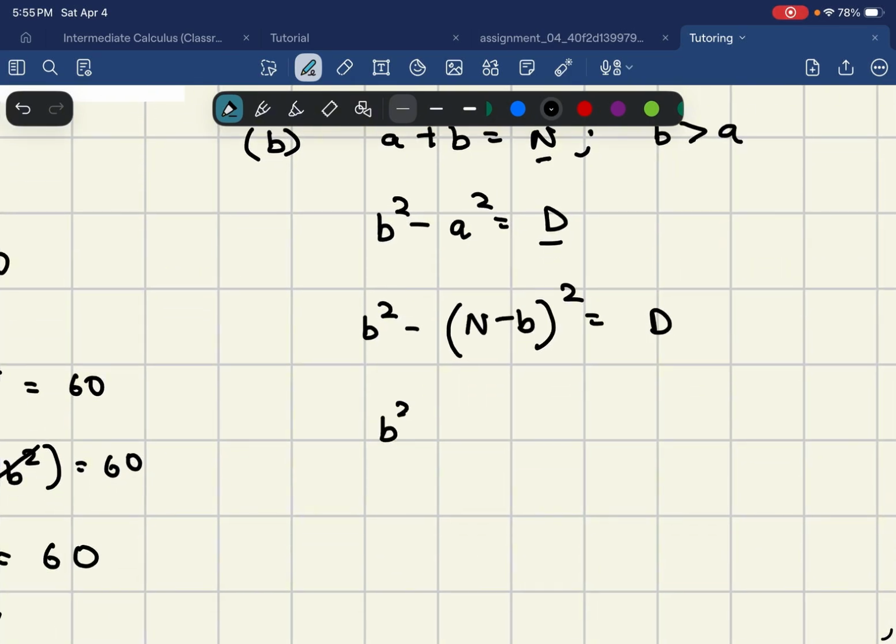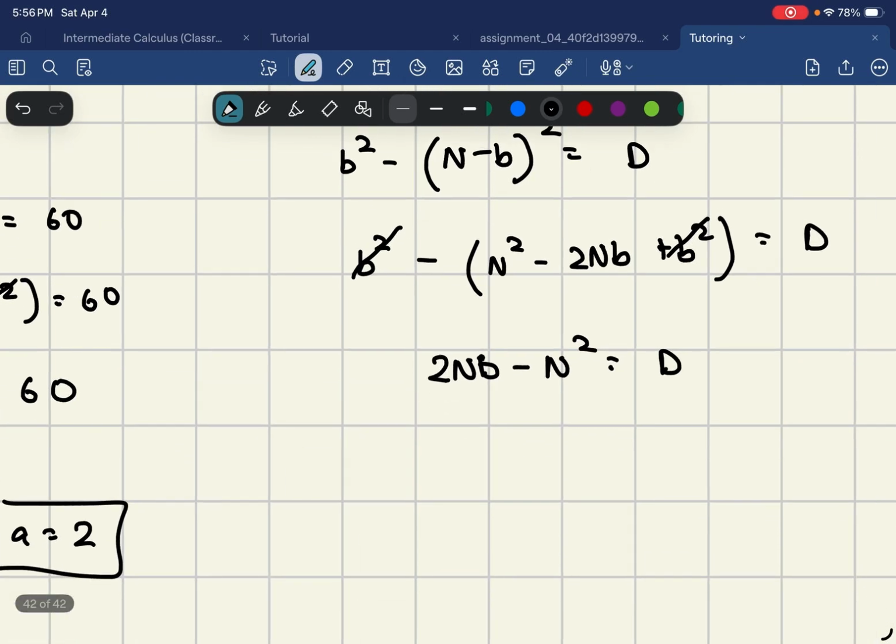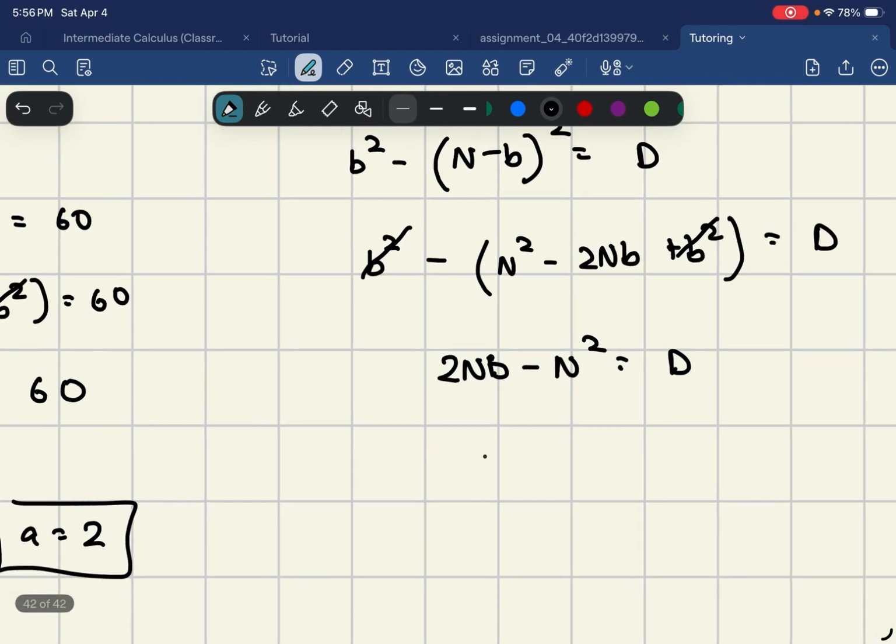And you can simplify. B squared minus (n squared minus 2nb plus b squared) is equal to D. And if you simplify this, you get 2nb minus n squared is equal to D, I believe. And yeah, so you can solve for B. So 2nb, small b, is equal to D plus n squared.